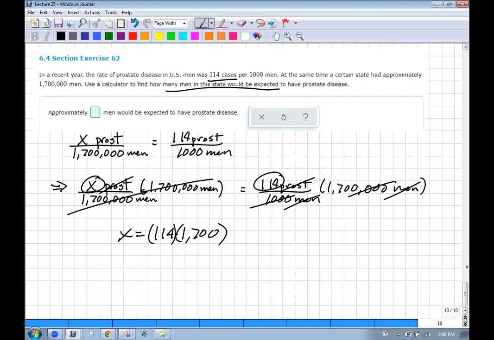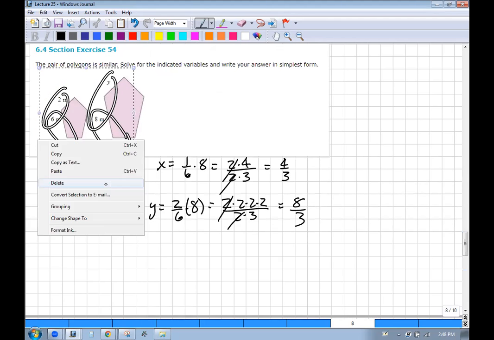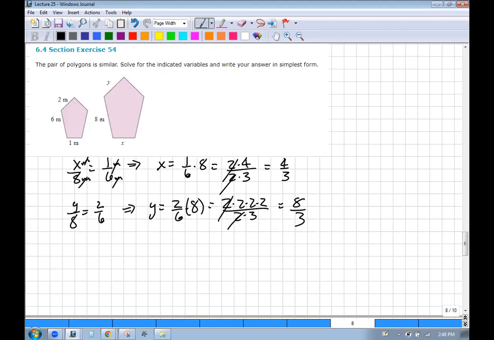I want to show you something. Let's look at this one again. What if this, instead of meters, was inches? All right. The problem would be exactly the same. To solve for x, I'd have x inches over 8 inches is the same as 1 meter over 6 meters.